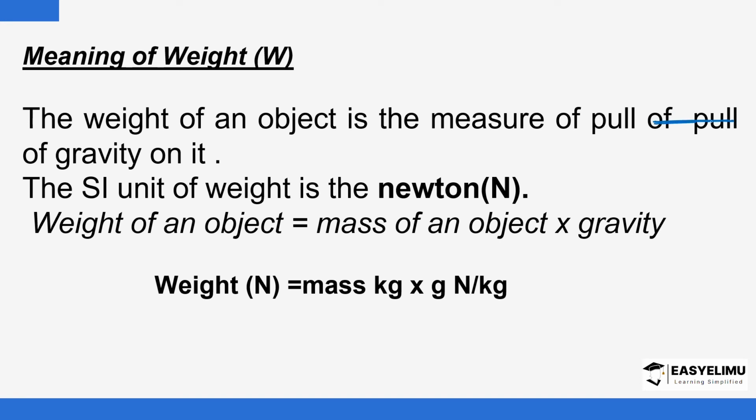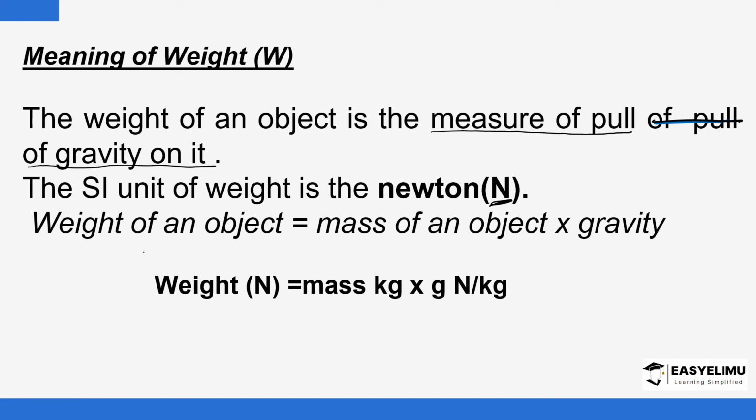We are talking about pull of gravity on an object. How much is the pull of gravity on that object? The SI unit of weight is the Newton, and the symbol used for Newton is capital N.